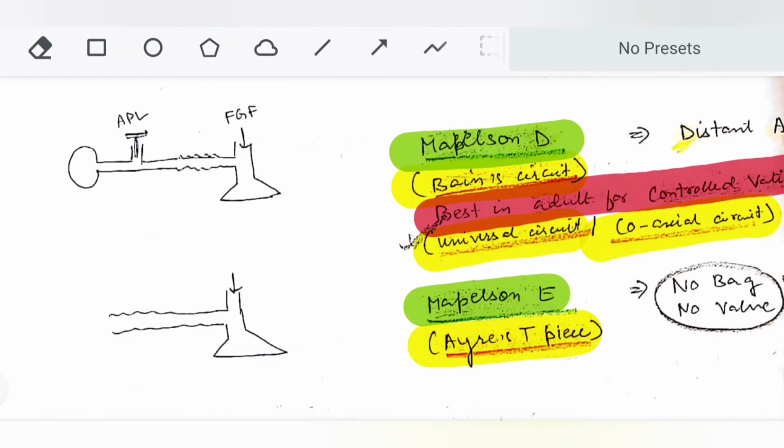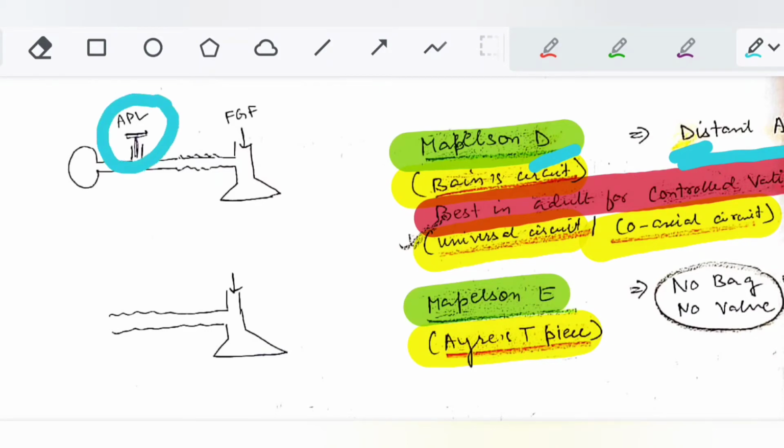Coming to Mapleson D. Here the APL will be distant. D for distant, D for Mapleson D. So let's find where the APL is. Here is my APL and here is my patient side. So the APL is far away from the patient side.